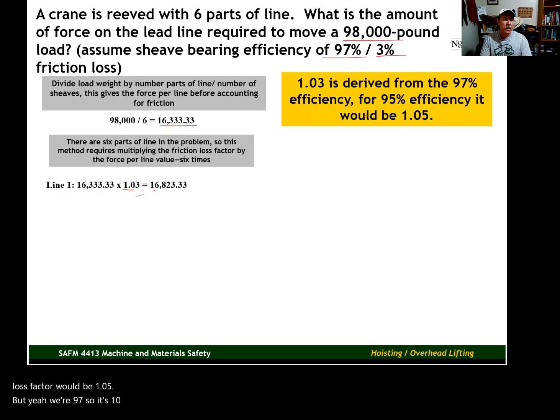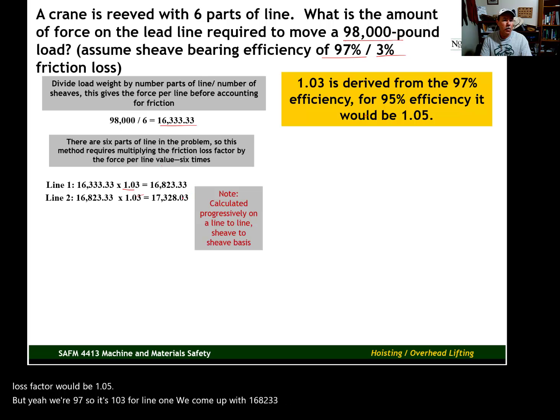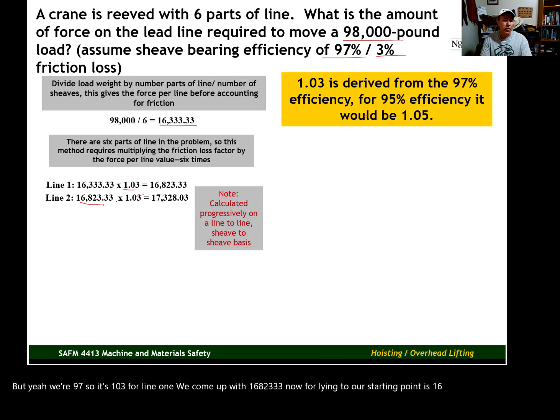For line 1, we come up with 16,823.33. Now for line 2, our starting point is 16,823.33 times 1.03 equals 17,328.03. Again, this is done progressively, line to line, sheave to sheave, all the way through the 6 lines.